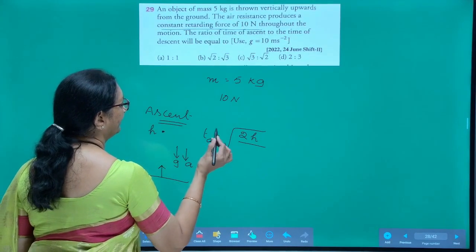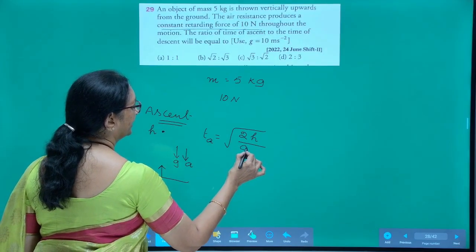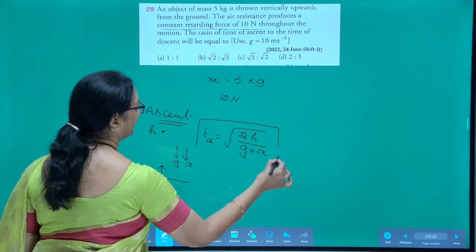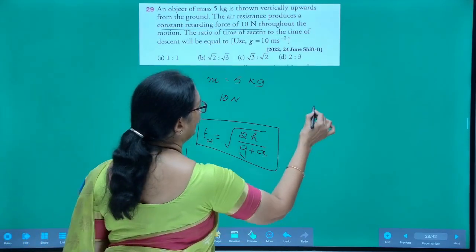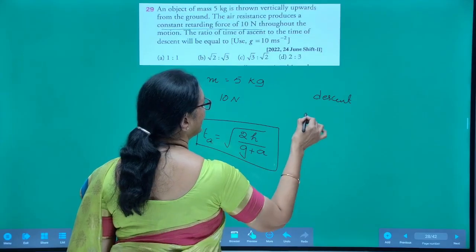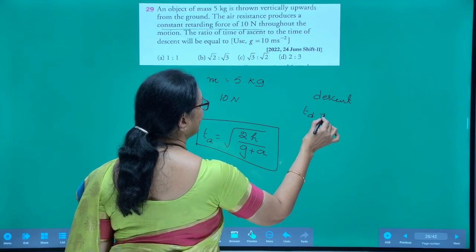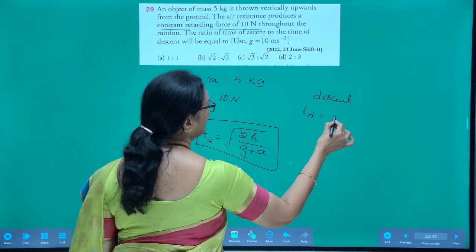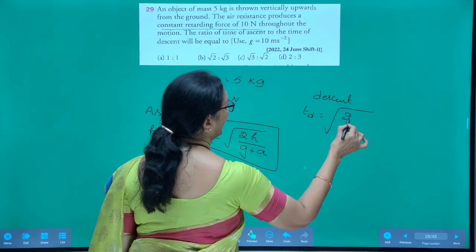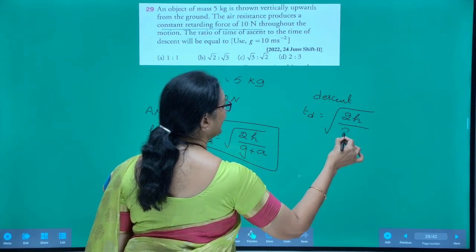So, time of ascent is square root of 2h by g plus a. And similarly, if you consider the descent, time of descent when it is moving down from the same height, it is square root of 2h by g.